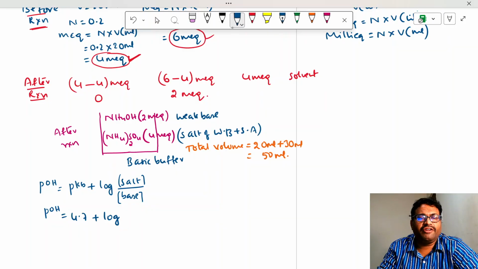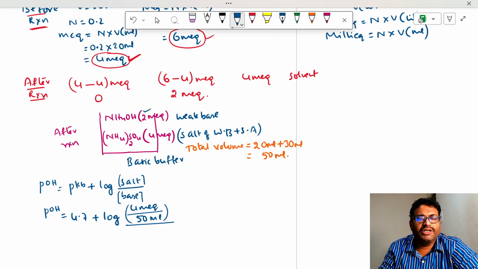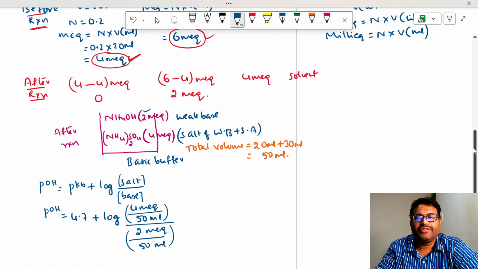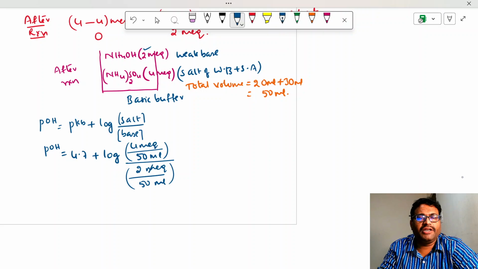So I can write 4 milliequivalents by total volume 50 milliliters, and base concentration is 2 milliequivalents by 50 milliliters. Then the milli and the 50 cancel. So what you get is 4.7 plus log 4 by 2.